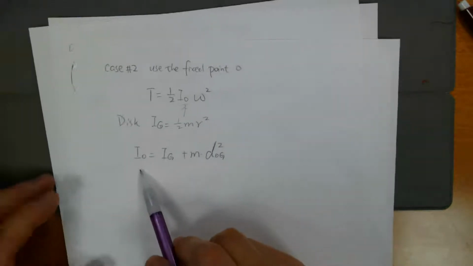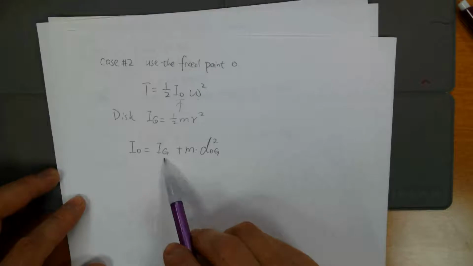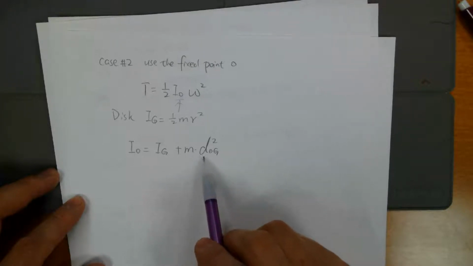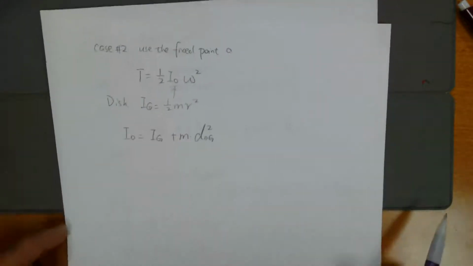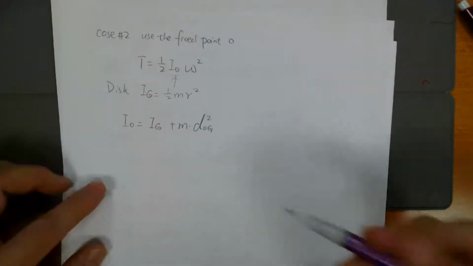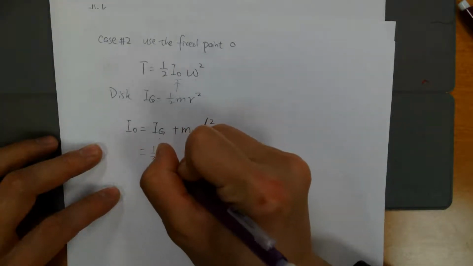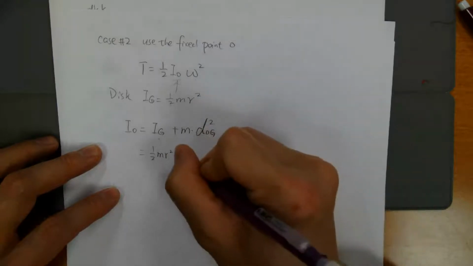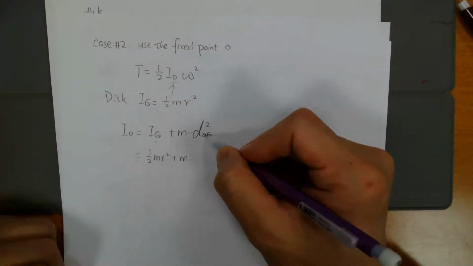So mass moment of inertia about point O can be calculated using Ig plus mass times this distance squared. What distance? It's the distance from point O to point G. And so we can plug in Ig, that's 1/2 mr squared, plus mass times, what's the distance between O to G?